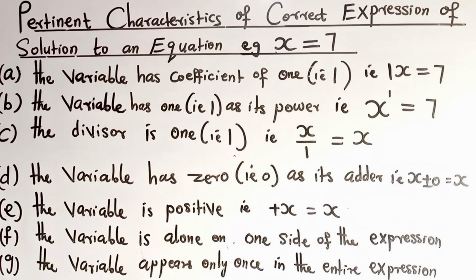But we learned earlier that whenever there is no sign written before a number, either a variable or a constant, the sign that should be before that number is plus. Therefore, this plus x is a summary.